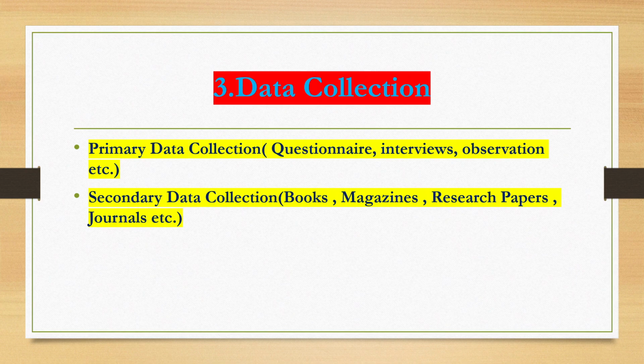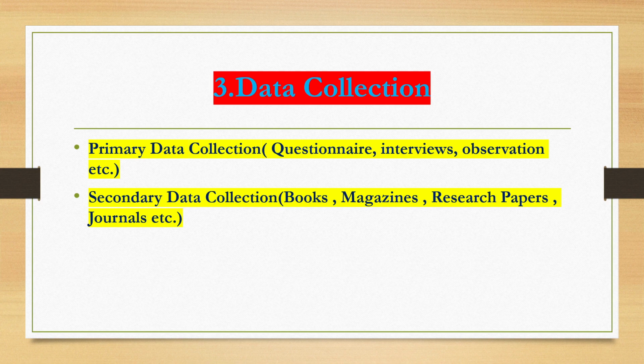Under this step, we collect both primary and secondary data. Primary data includes questionnaire, interviews, observations, etc. And the secondary data includes the information from books, magazines, research papers, journals, etc. So we collect the data under the third step.